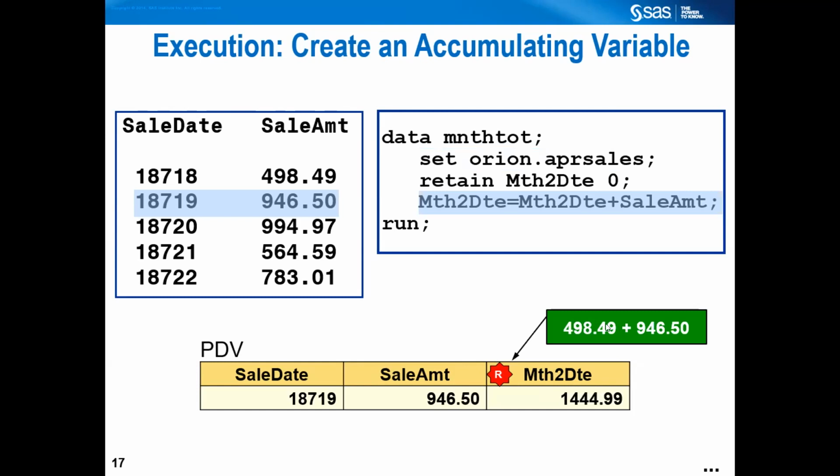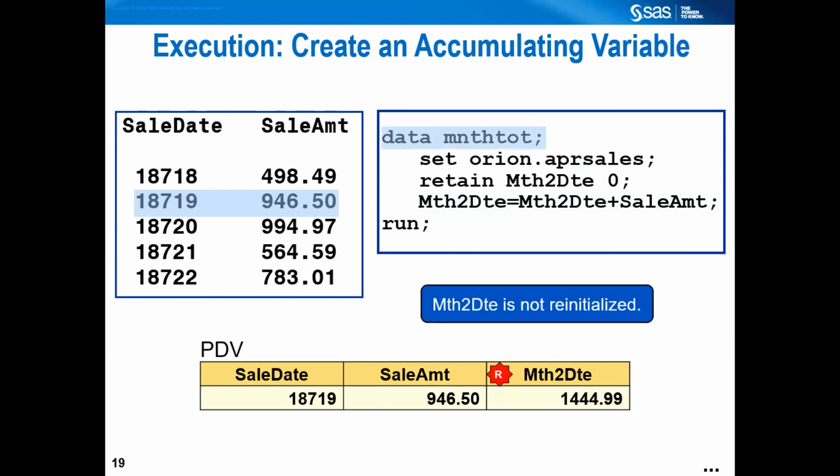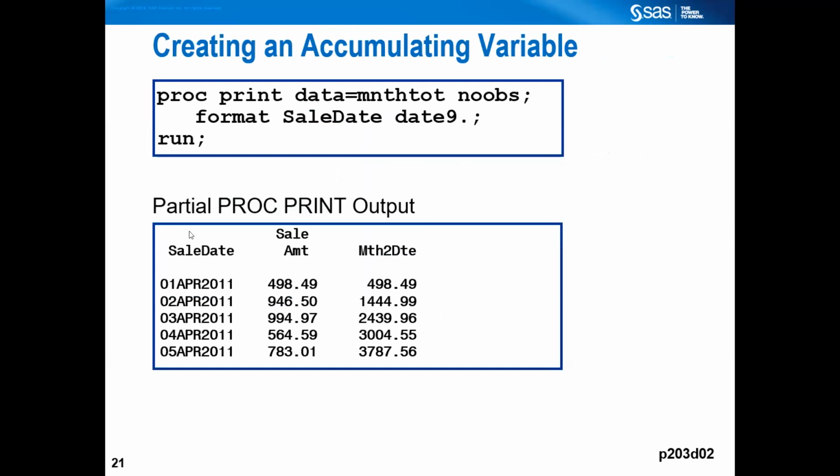So this earlier value plus the current value of sale gives you the total for 2 days, the previous day and the current day. Again with run, implicit output, implicit return, this observation will be written to your new data set. It will keep on processing until it is the end of the file. All right, so this is how you create your accumulating total.